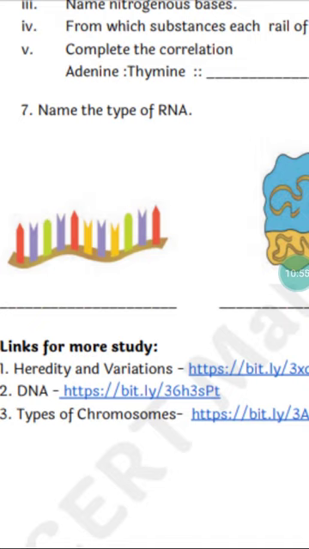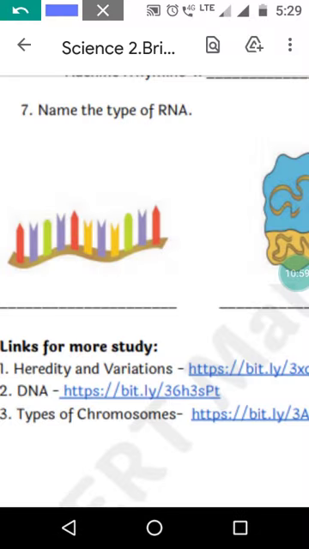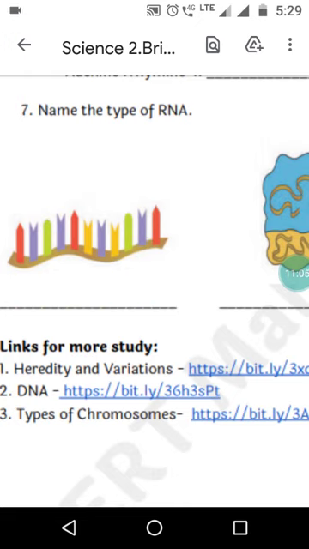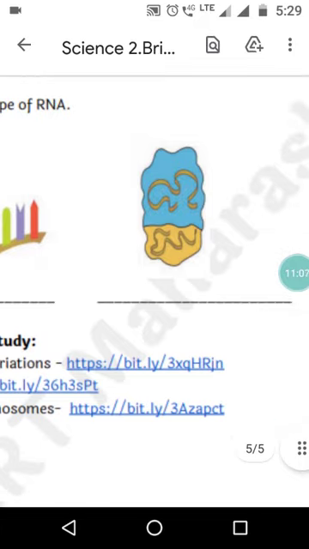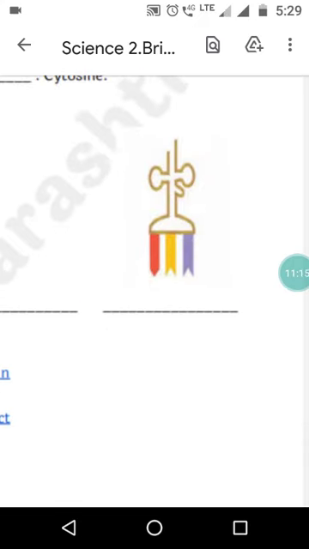The first one is mRNA, messenger RNA. The second RNA is rRNA, or ribosomal RNA, and the third RNA is tRNA, or transfer RNA.